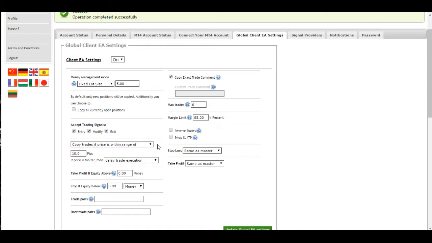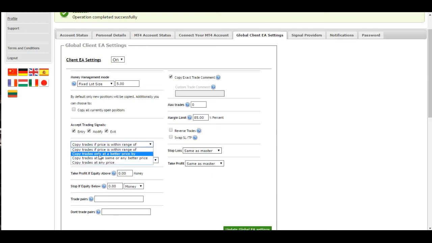If you're located on the other side of the world and our servers are based right here in the US, then it might take half a second, and if the market is spiking and really moving faster than that, then you wouldn't get that trade in that scenario. But 10 pips is ideal. We have people in GC all over the world, and people that use 10 pips are getting maximum results.